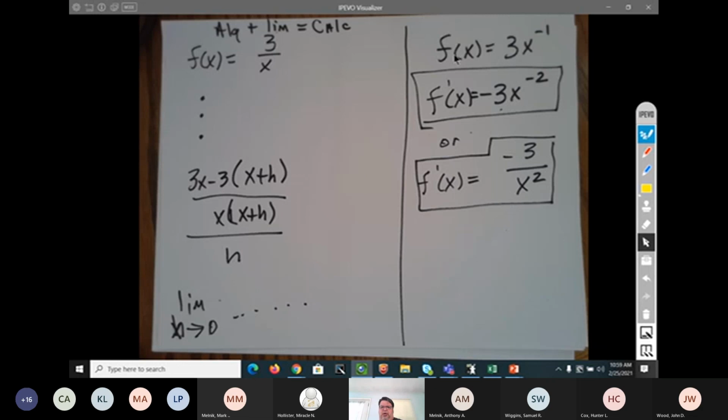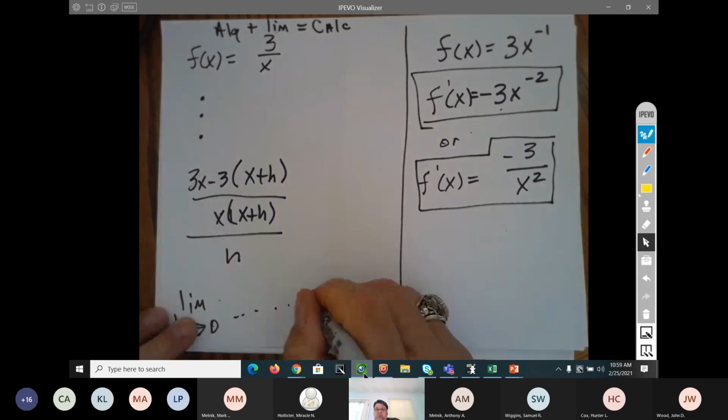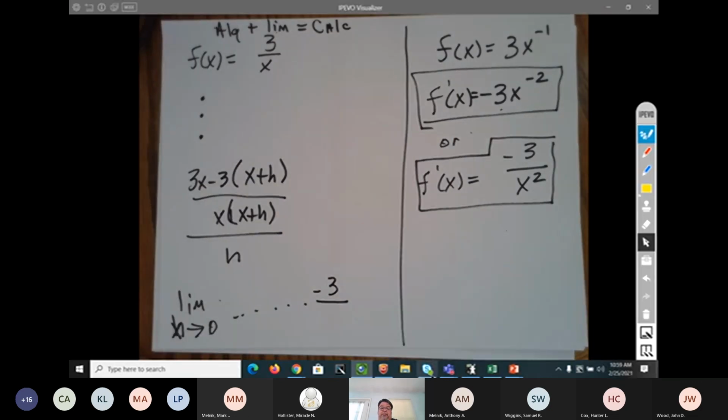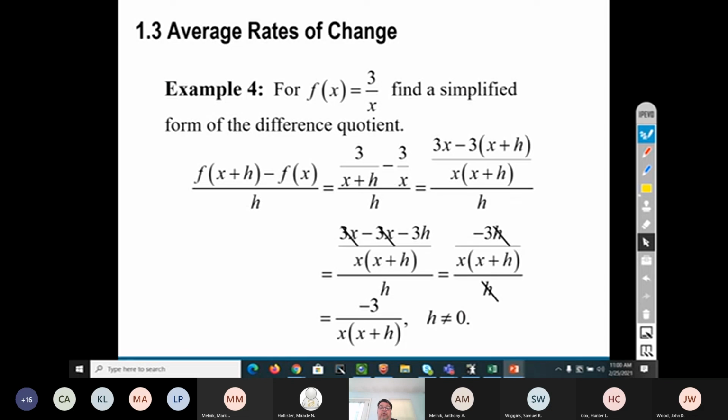So what y'all need to be working on for homework this weekend is, and I'll show you what they're going to get here. There it is. Now, what happens when you plug in h is equal to 0? Somebody tell me what you get. Right here, -3 over, what did they get? -3 over x times x plus h.